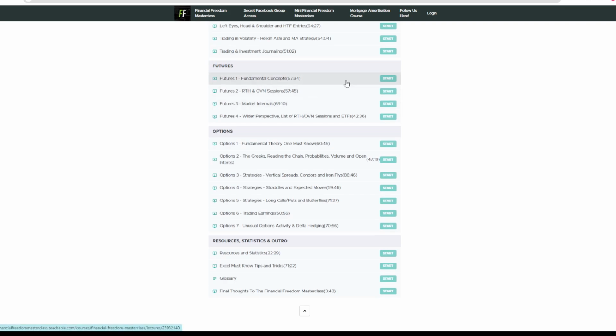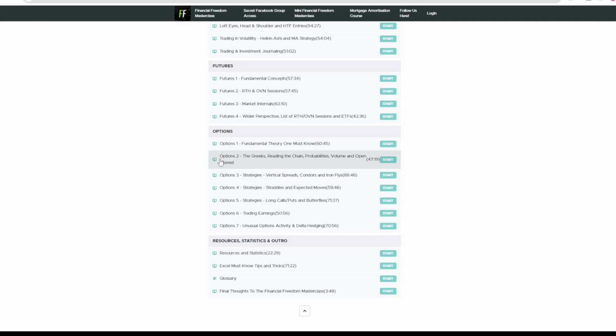Then we discuss futures, options, right? How to actually express your opinion, assuming you're not just buying the common stock. Perhaps using CFDs, probably not the best idea. Futures, options, different nuances that you need to know. They are the same, but in fact they're very, very different too. Okay, so we discuss all of that.